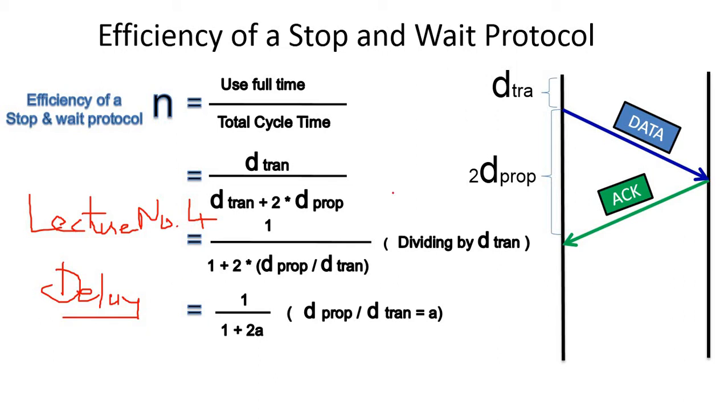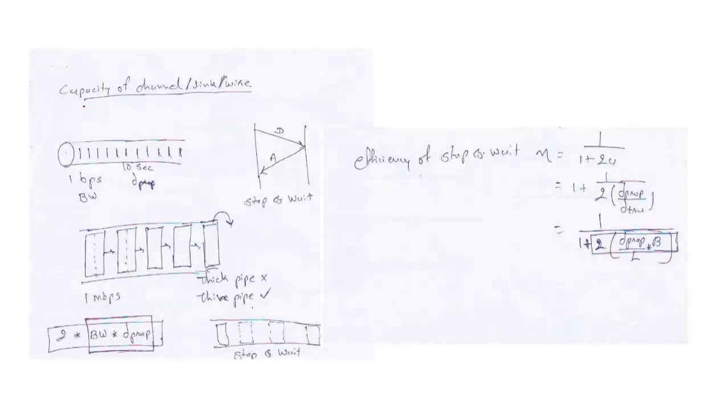Now let's see. First, we are going to determine the capacity of a channel, link or wire. Questions may be asked in the examination on the capacity of a channel, or the capacity of a link or the capacity of a wire. So let's see one by one. Suppose this is our channel, and we are transmitting 1 bit per second.